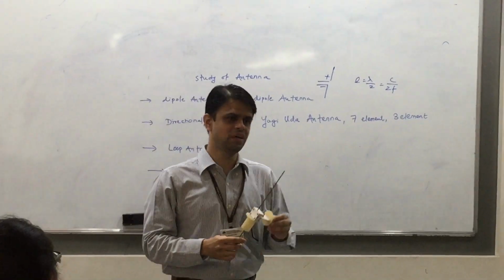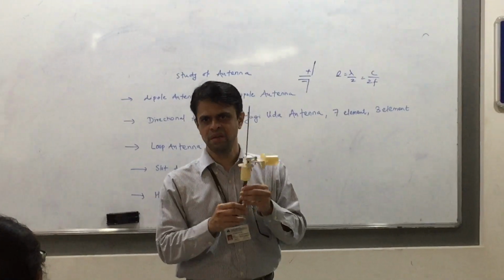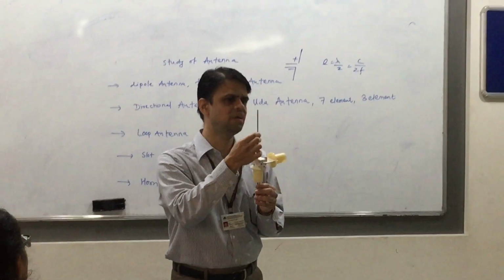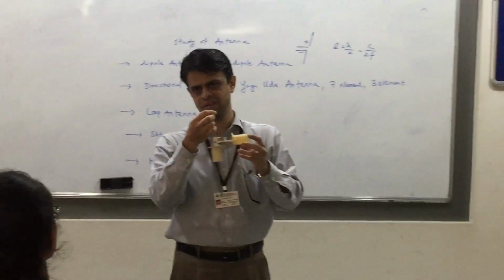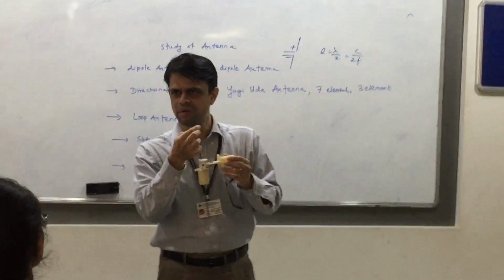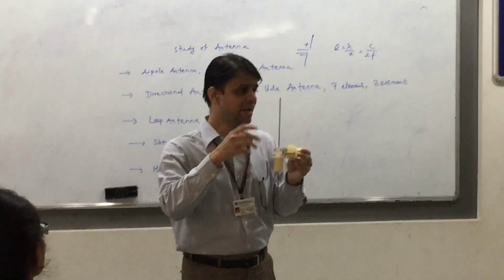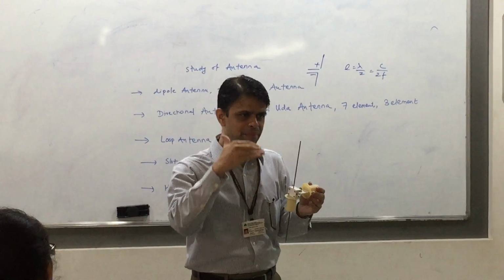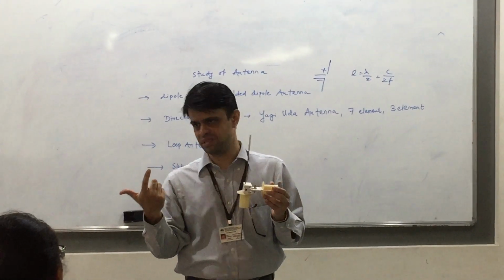Now the next parameter which you are going to study here is the wire diameter. A lot of characteristics of the antenna depend on the wire diameter. So if you take a 1 mm thick wire or a 4 mm thick wire, the characteristics of the antenna will change. What do you mean by those characteristics? Impedance as well as sometimes frequency.